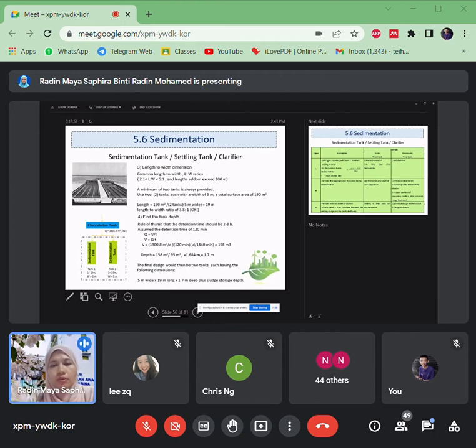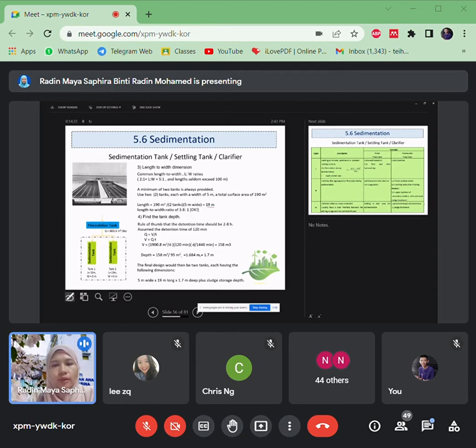So a minimum of 2 tanks is always provided, usually 2 sedimentation tanks. So the length is 190 meter squared, because usually in a water treatment plant they have 2 sedimentation tanks, divided by the 5 meter width, so we get 19.